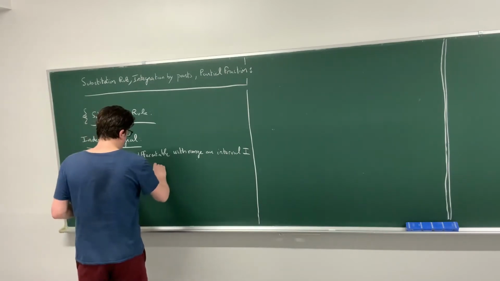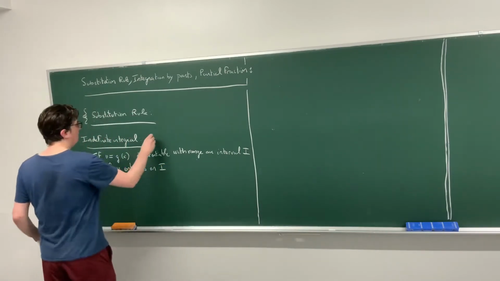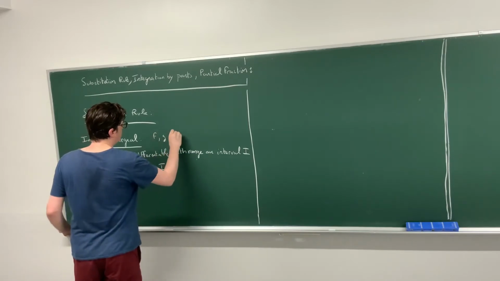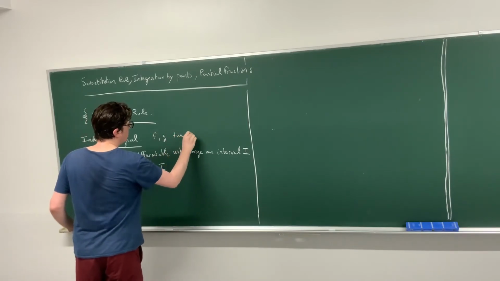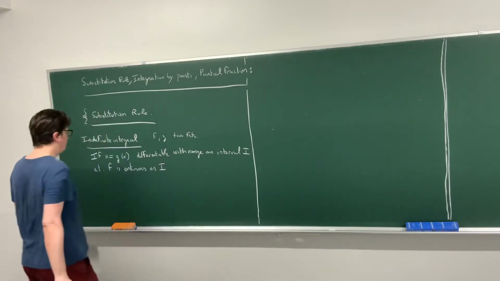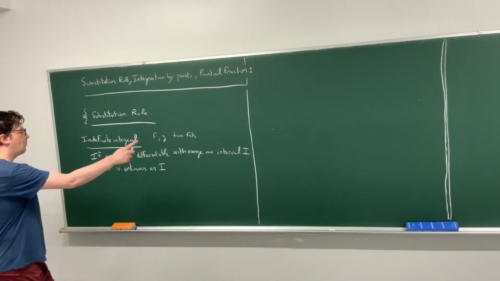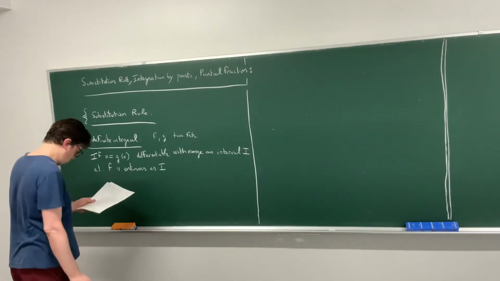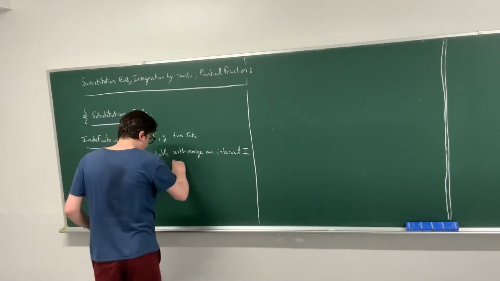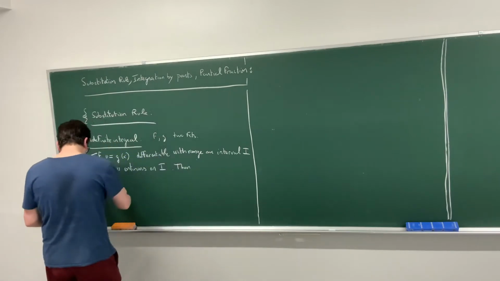on I. Yeah, so here f and g are two functions, right? And we assume that g is differentiable and on a range where f is continuous. Then we have the following formula.